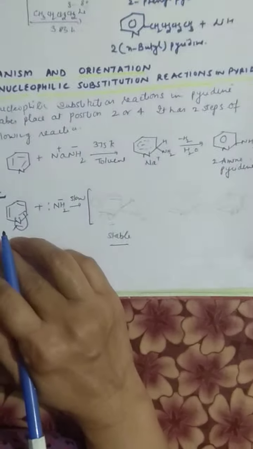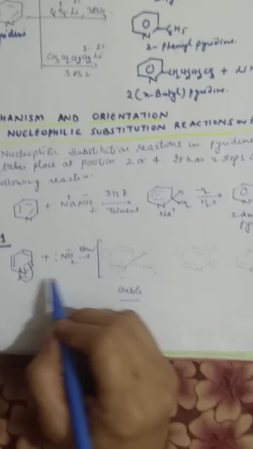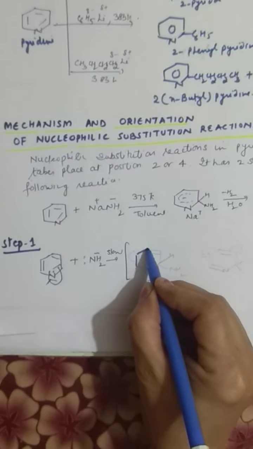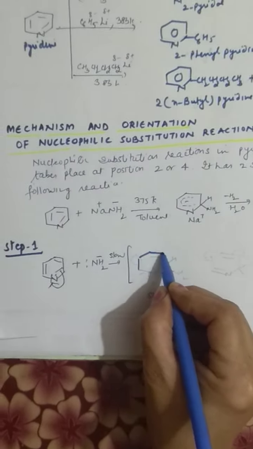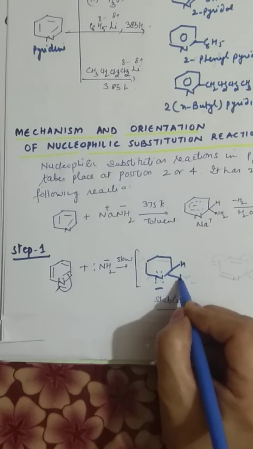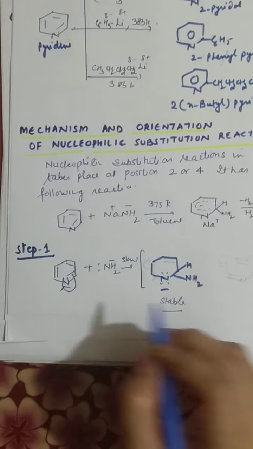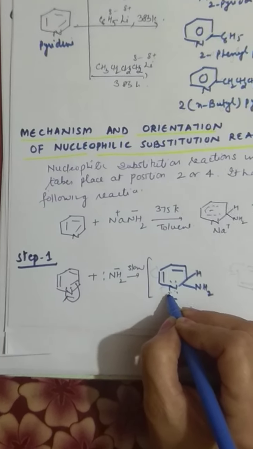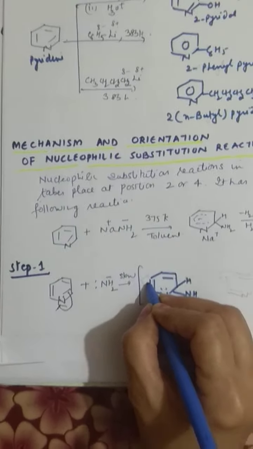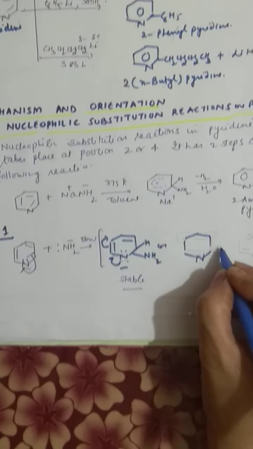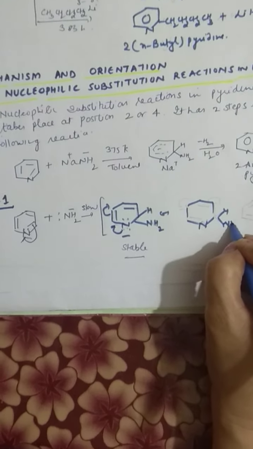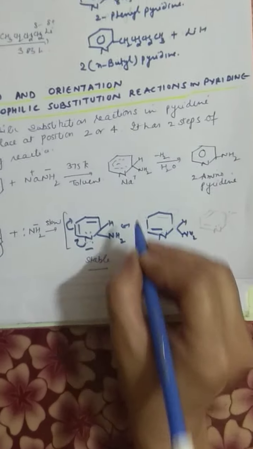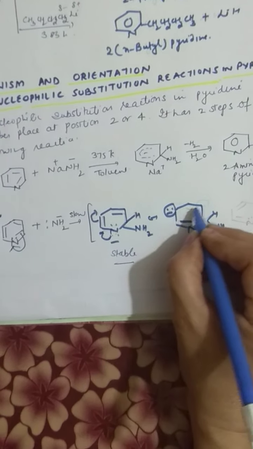In the first step, the amide will attack, and we have this type of structure. So this lone pair of electrons is shifted here and this is shifted here. When shifted here, the carbanion formation takes place.